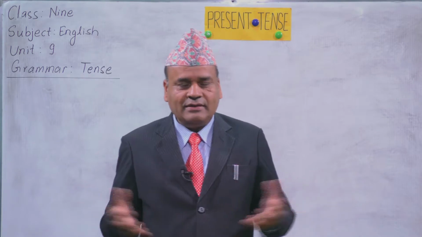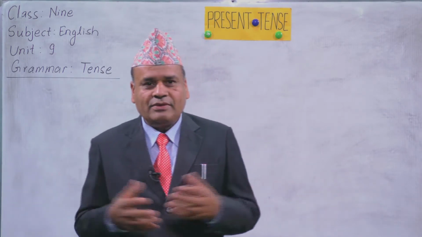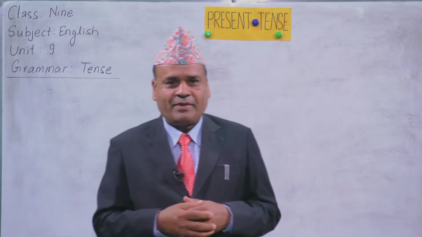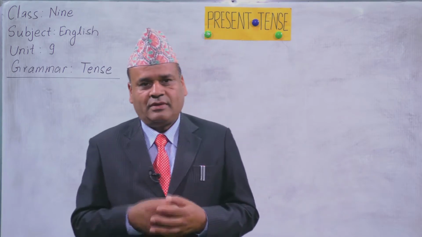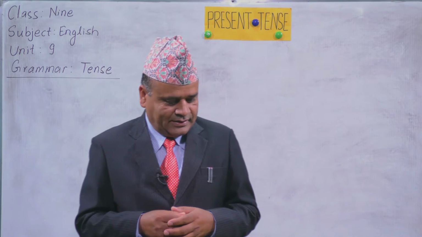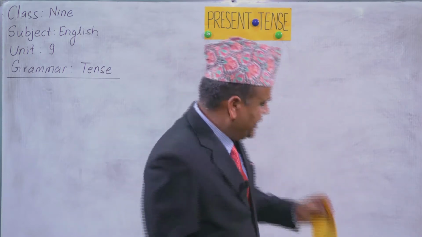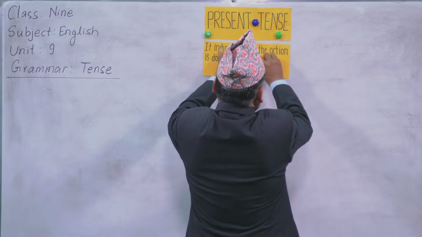indicates the action done in the present time. Sometimes while you are speaking, right? Or this time something happens or something is going on. At that time we use present tense. All right. So let's see what does it indicate?